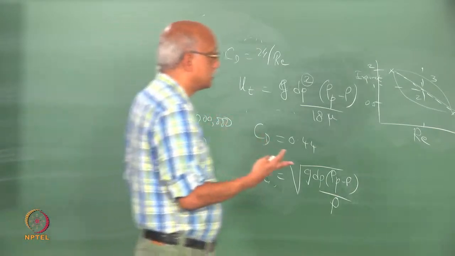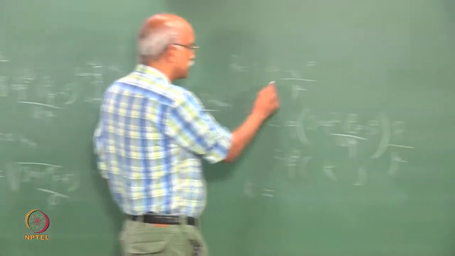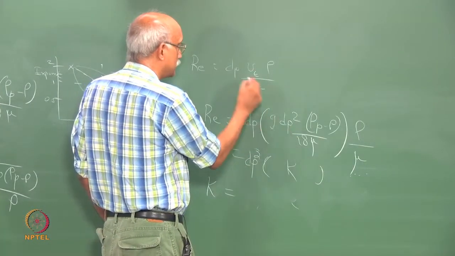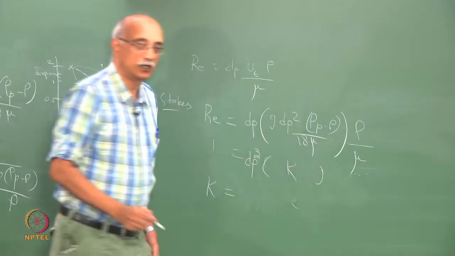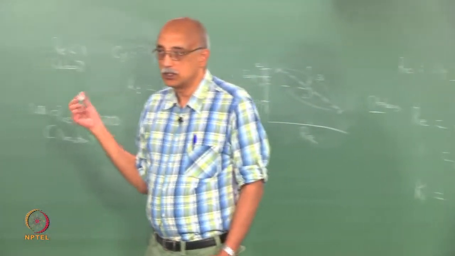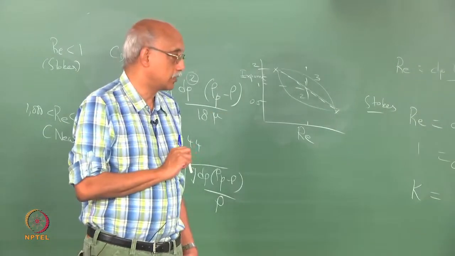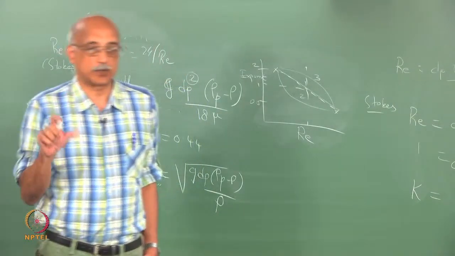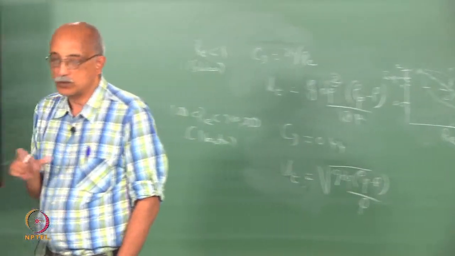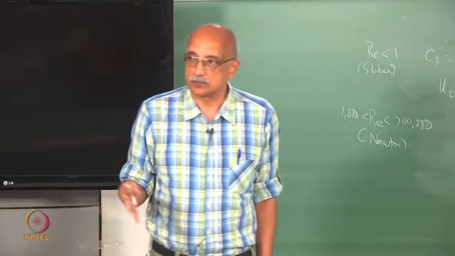And similarly, in the Newton's regime, you can substitute for ut with the corresponding value of ut in the Newton's regime, and find values for the set of parameters that will give you a Reynolds number in excess of 1000.